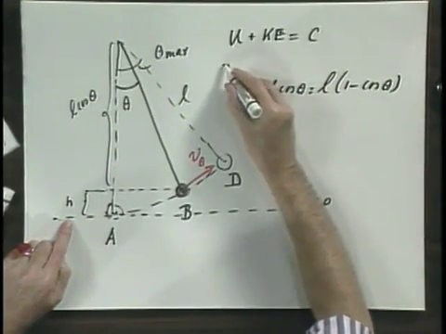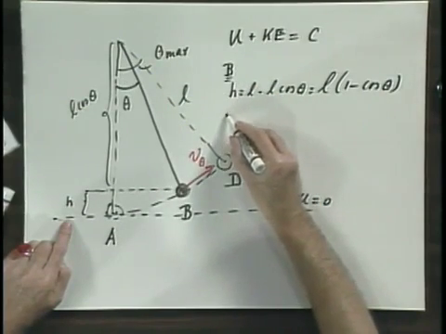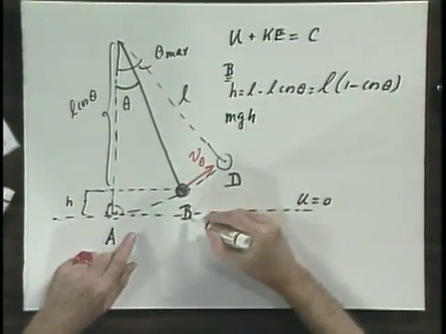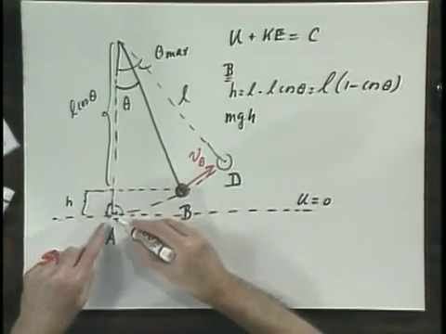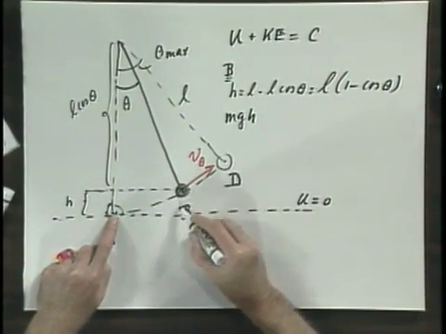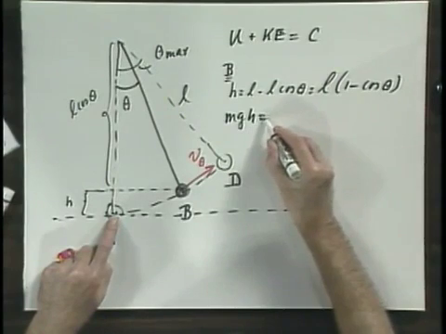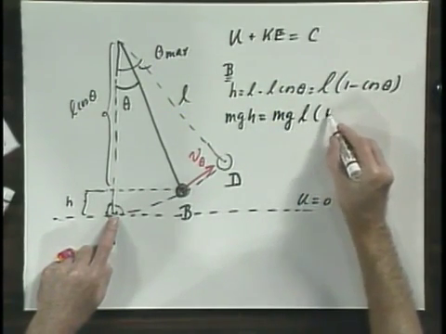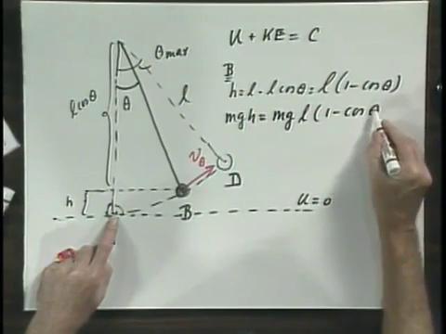So at that point B, mgh, remember Massachusetts General Hospital, that's the difference in potential energy between here and here, equals mg times L times 1 minus cosine theta.